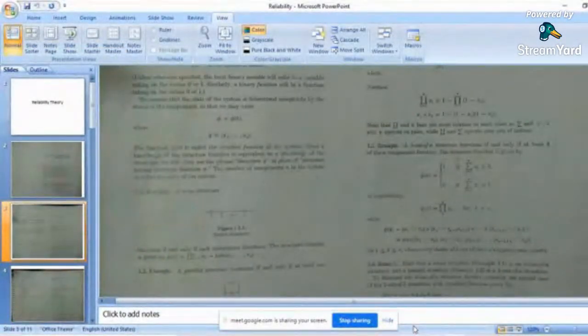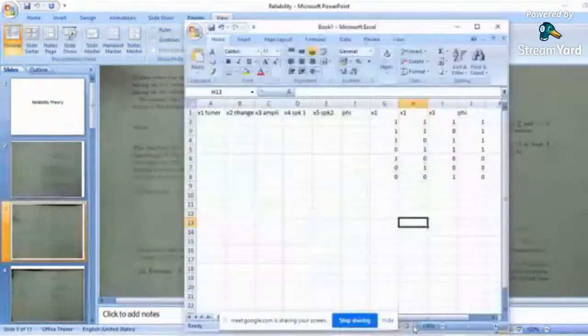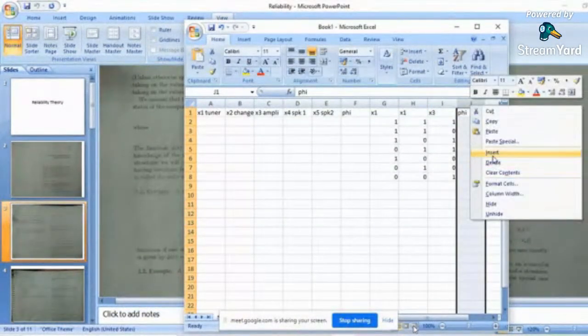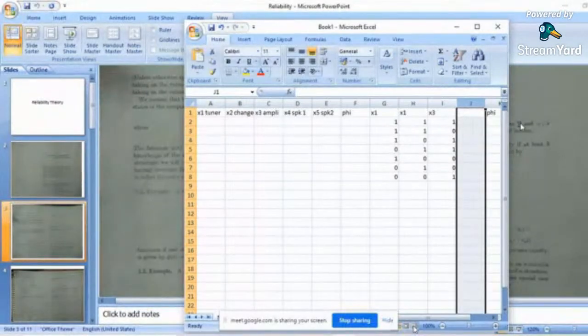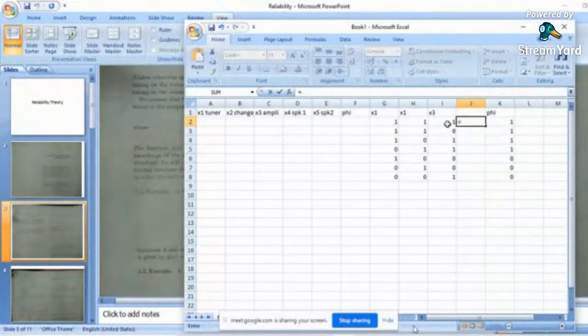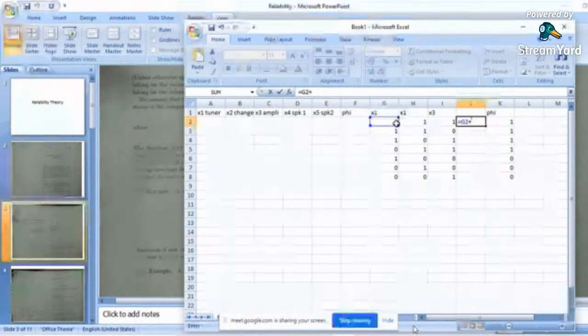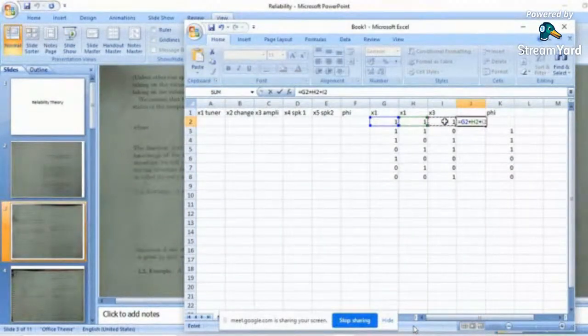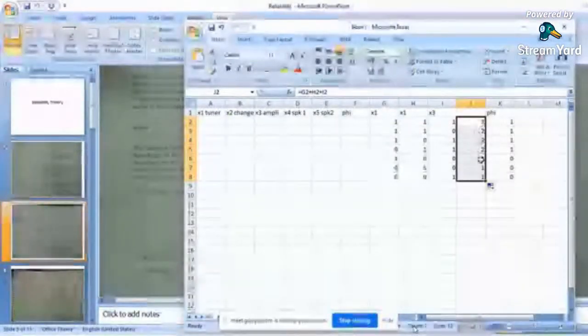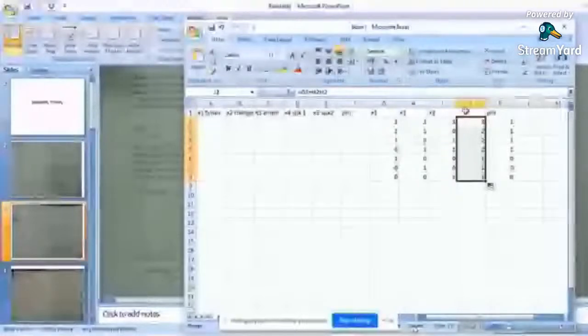So what happens here? Let us insert one row and take the sum: 3, 2, 2, 2, 1, 1, 1, 0. So what is our condition?